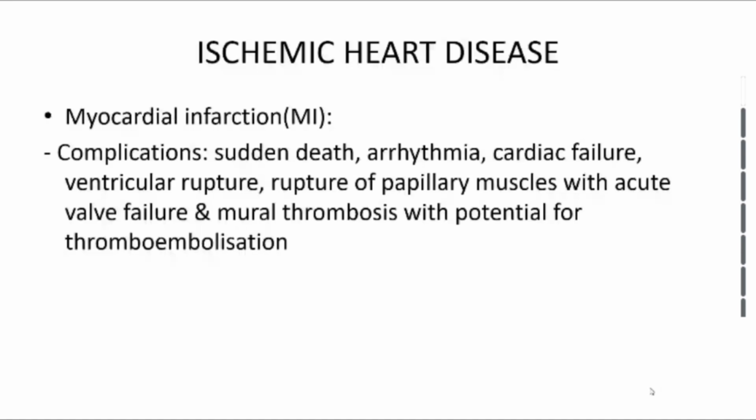So you can imagine if there is a thrombus within the left ventricle, it will be able to move into the ascending aorta, and it can get anywhere. It can go into the brain and cause stroke. It can go into the kidneys and cause kidney failure. It can go to the limbs and even cause limb ischemia. If it is in the right ventricle, it can move and cause blockage within the lungs. It can cause pulmonary infarction. So there is that potential of thromboembolization.